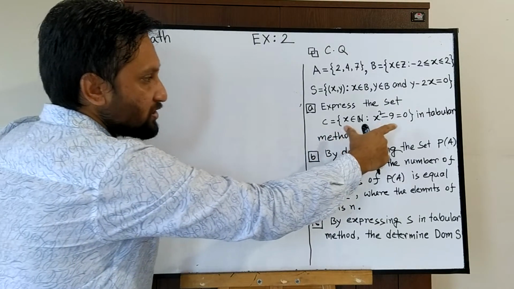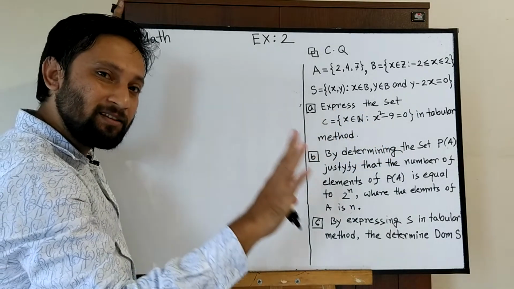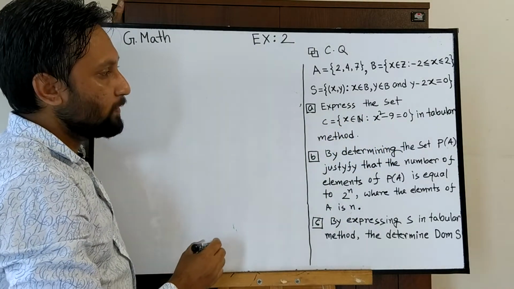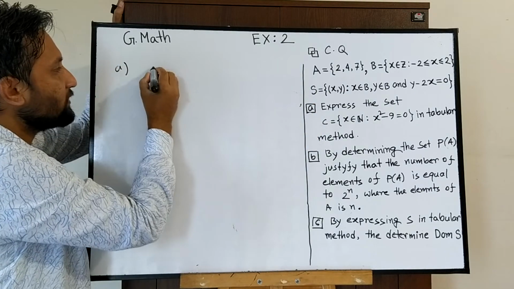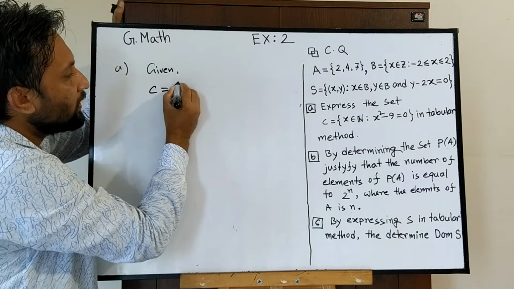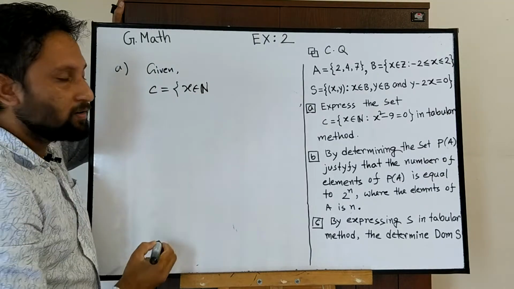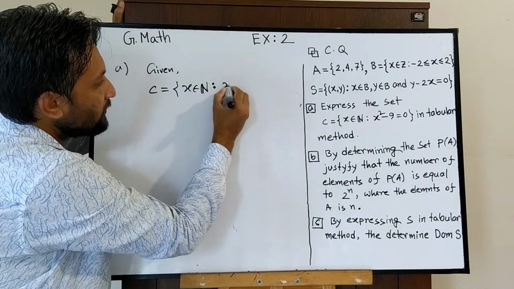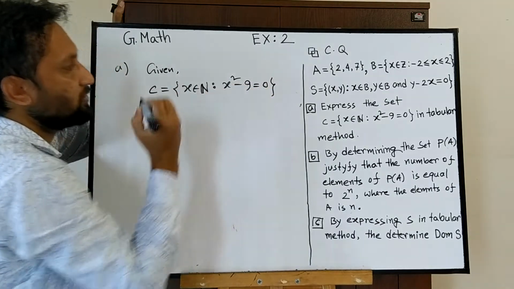Finding the elements of a set by using its condition is the process of the tabular method. Given C equals x, an element of the natural numbers, such that x square minus 9 equals 0.